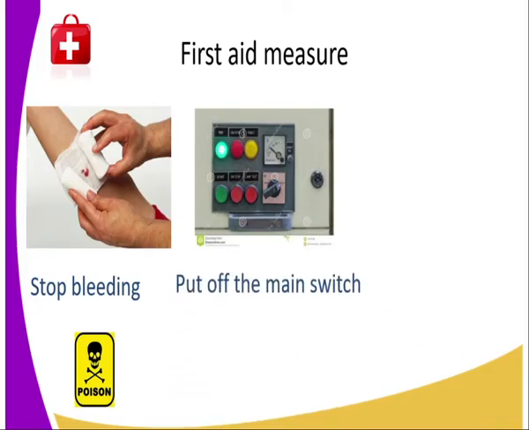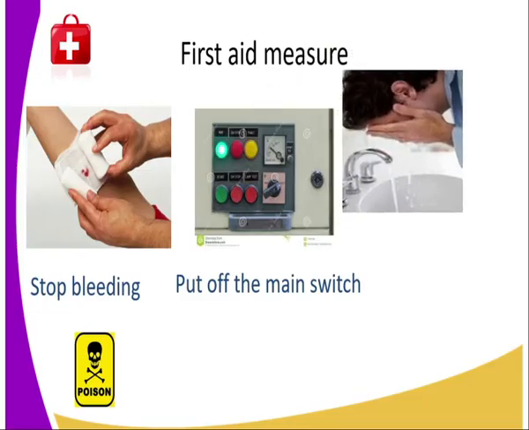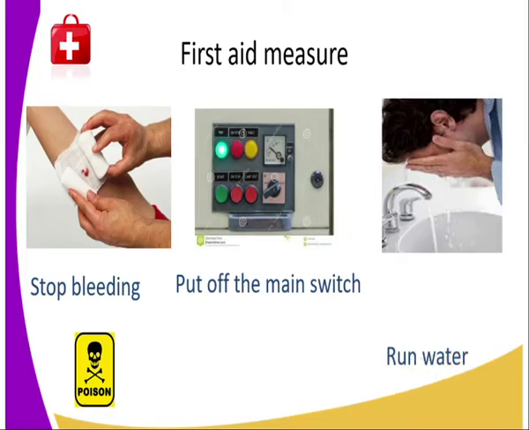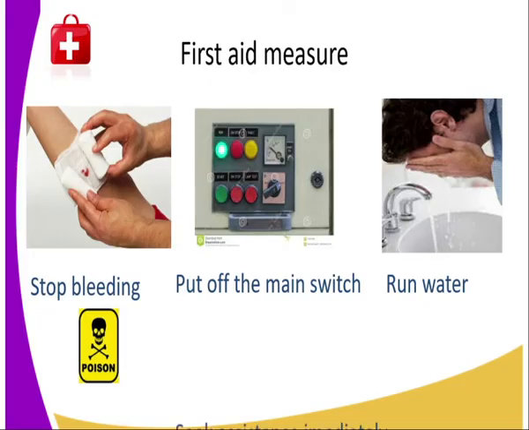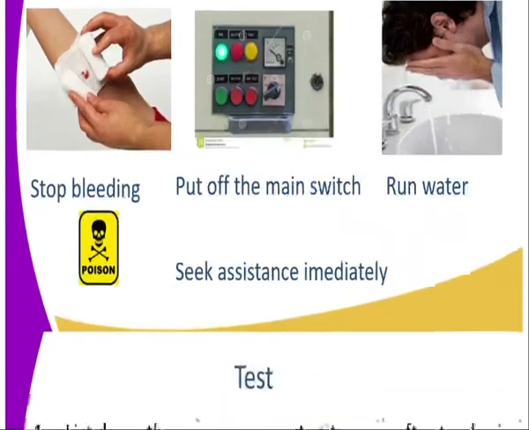First put off the main switch, then address the shock later. Number 3, in case there is eye spillage, please rinse with water immediately. And in case of poisoning, which may result from consumption or inhaling any kind of gas, please seek assistance immediately.